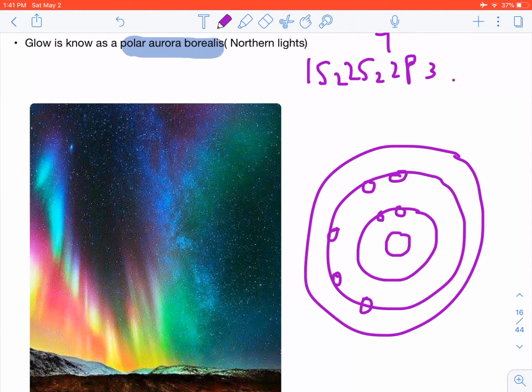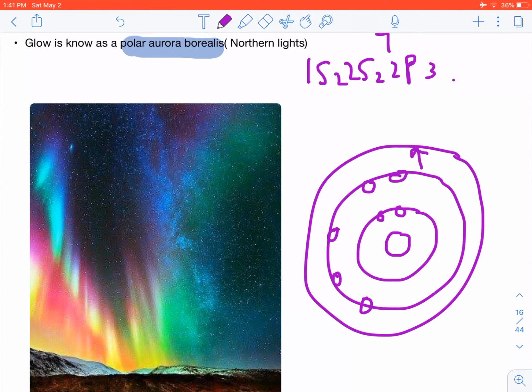What we do know is that when electrons move from a low energy level to a higher energy level, say from the ground state, it absorbs energy. That's a basic principle, and it gets to be in an excited state.